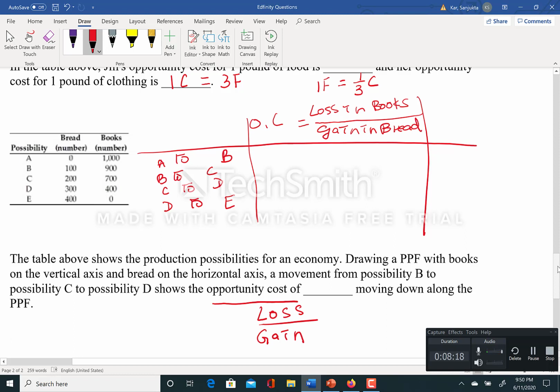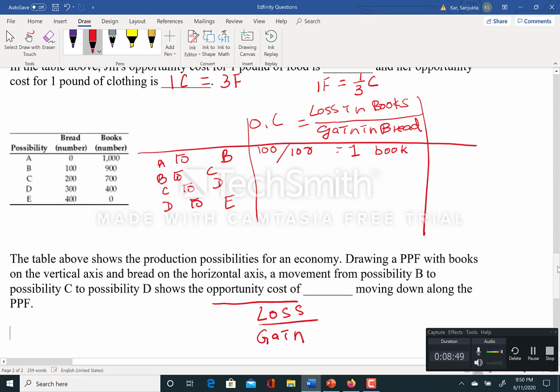First one, the loss in books, it goes down from 1000 to 900, which is 100. Gain in bread is staying the same throughout, 0 to 100, which is 100. So this one is going to be 1. So the opportunity cost of 1 bread is equal to 1 book here.